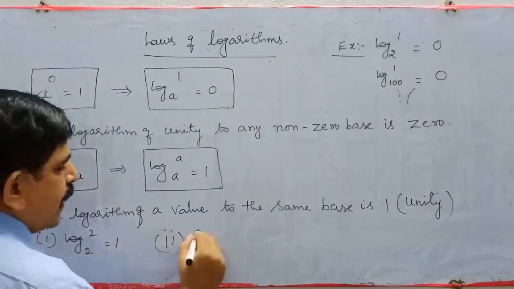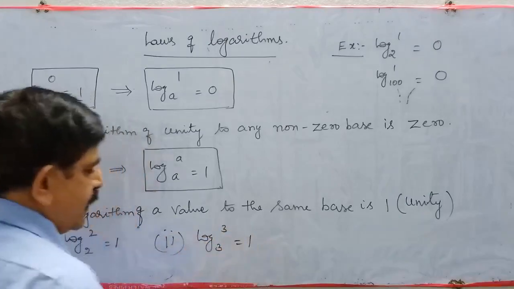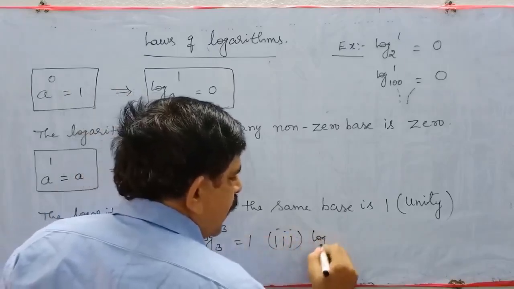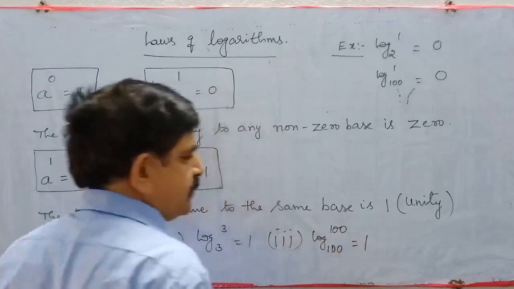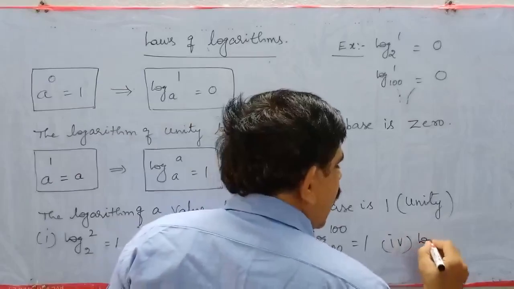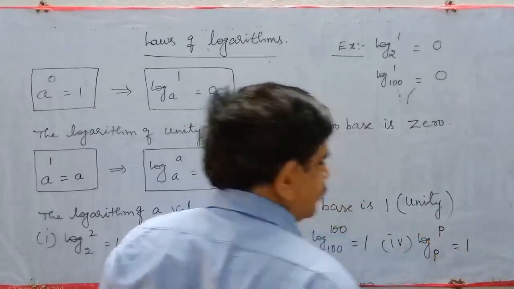Second one, log 3 base 3 is equal to 1. Third one, log 100 base 100 is equal to 1. Fourth one, log p base p is equal to 1.